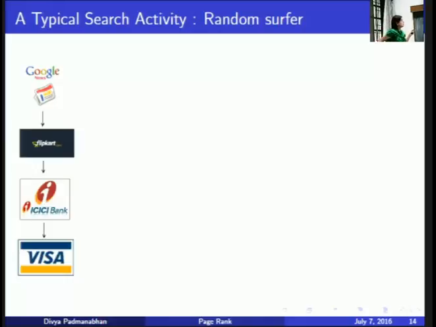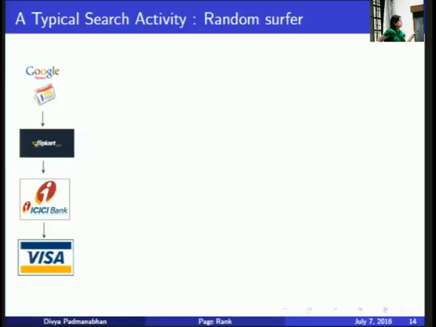A person starts off with some Google News site, sees some offers and a link to Flipkart pages, and goes there and does some transaction. He's starting from a root page and then following the links there, and then doing some set of activities.